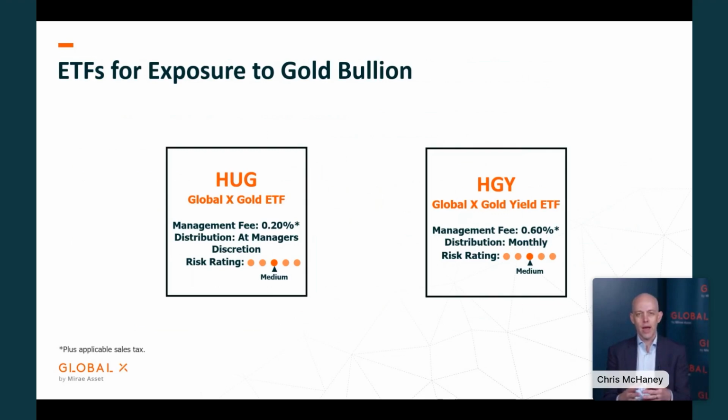Another solution we have that creates a little bit of income for you is HGY. That's the Global X Gold Yield ETF. And this one holds physical gold through an ETF. There are many ETFs that are set up to hold that physical gold bullion. So this ETF holds an ETF that holds gold bullion and then uses an option overlay program, a covered call overlay for those that are familiar with covered calls, to create an income stream.